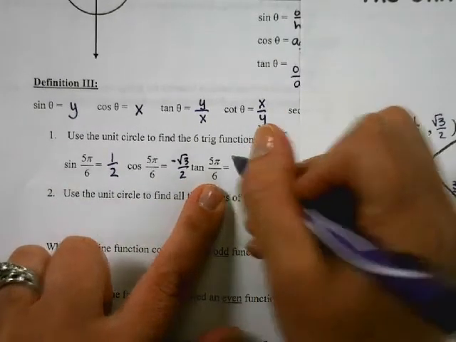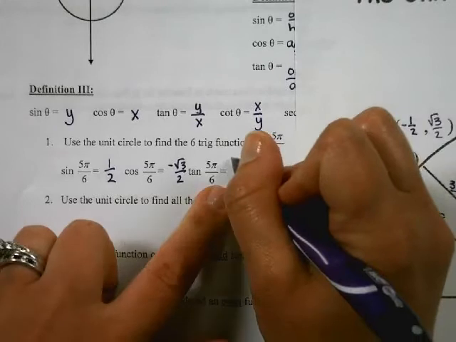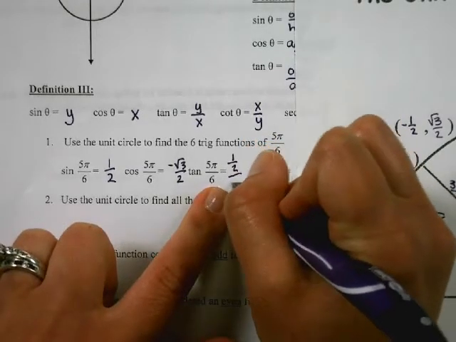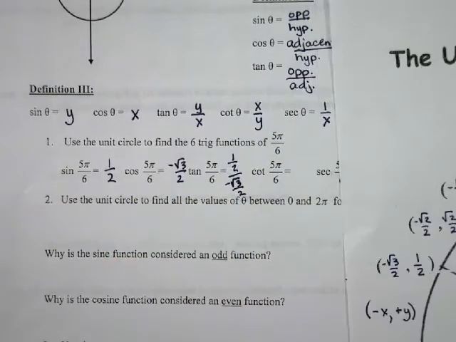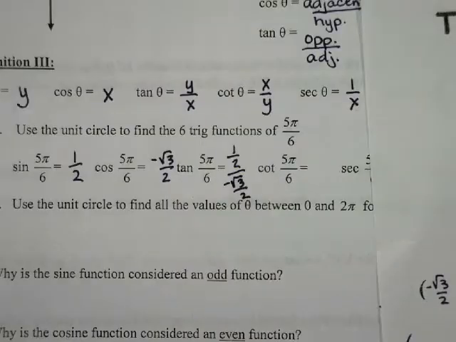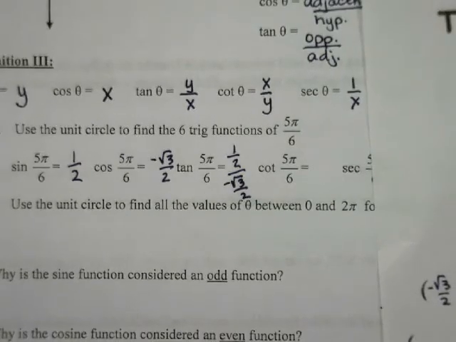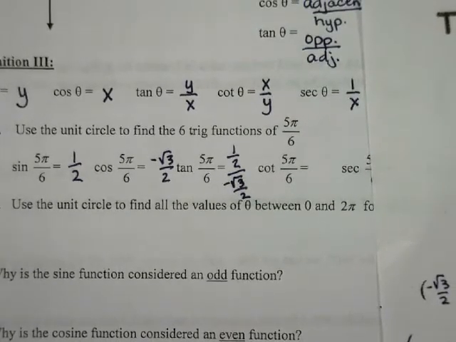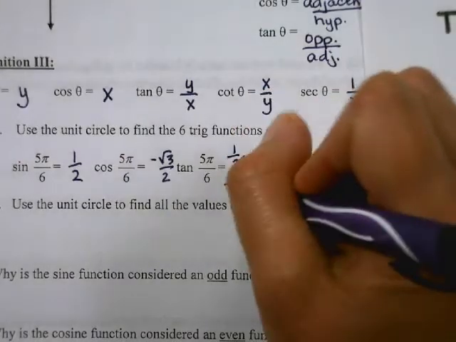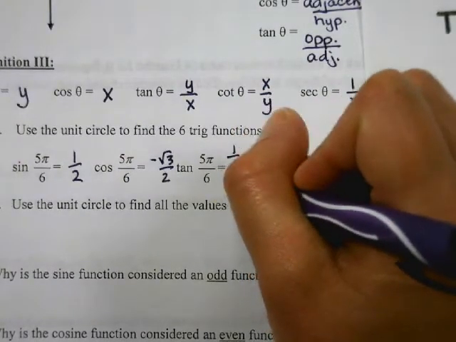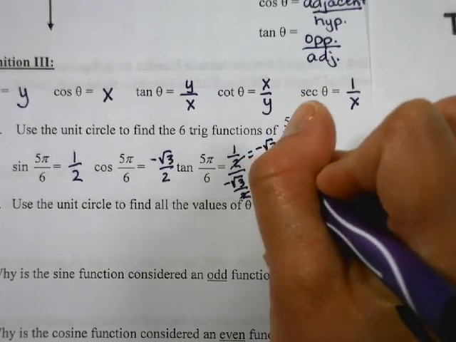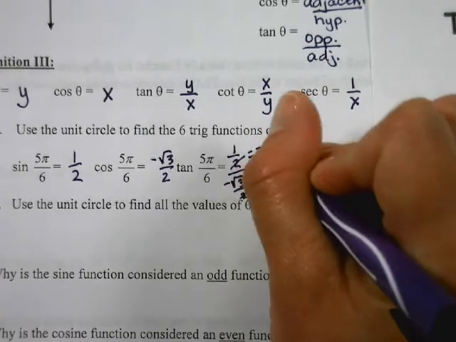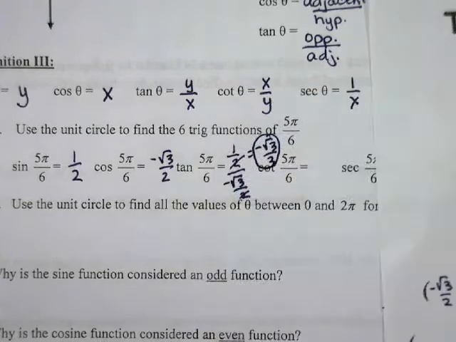So this guy is 1/2 over root 3 over 2. Eek. Sorry. The 2's cancel. I have a negative and a radical in the denominator, so he does become negative root 3 over 3. Sorry, that's really hard to see.